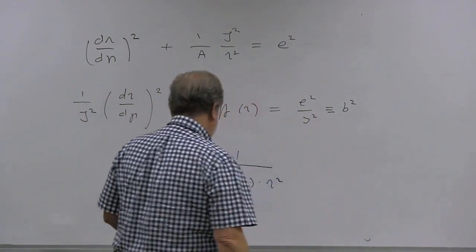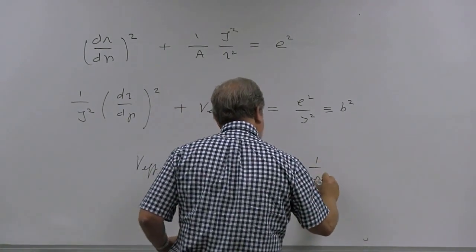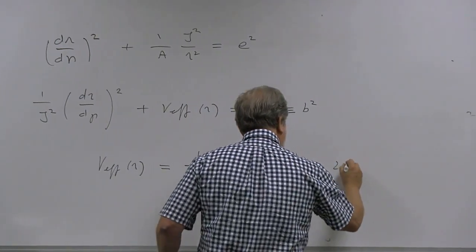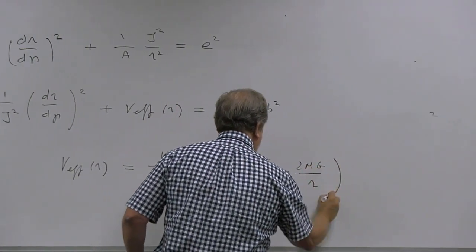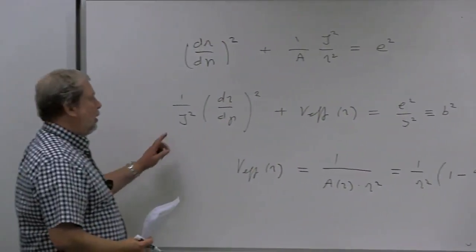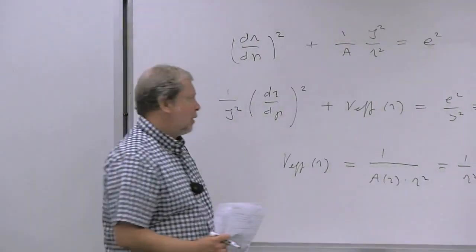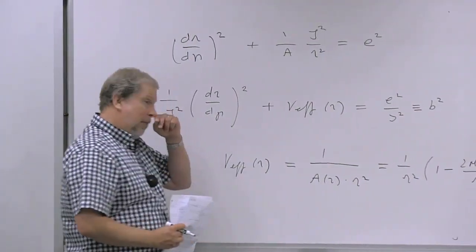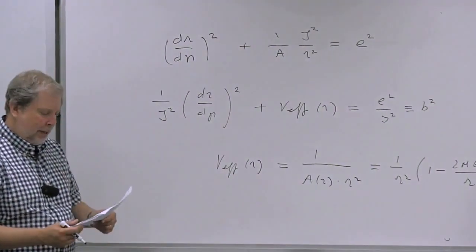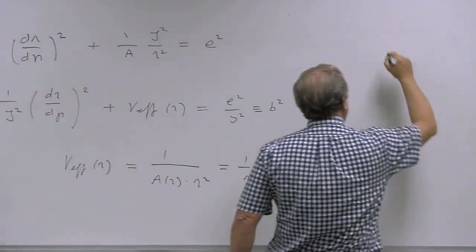And so we use the expression for A, and so this is equal to 1 over r squared, 1 minus 2mg over r. And that's it. So there is an effective potential in this case too. If we try to write it in terms of a classical mechanics expression for the energy, we can do that, but the potential is actually a little bit simpler than what we had in the case of finite mass.